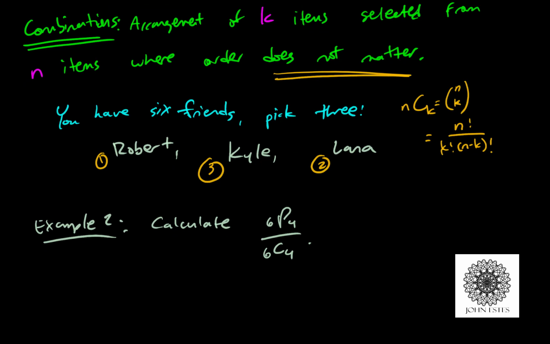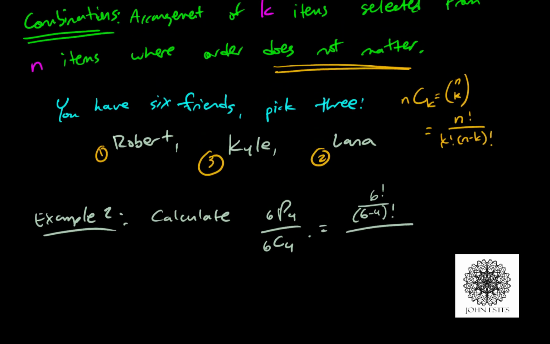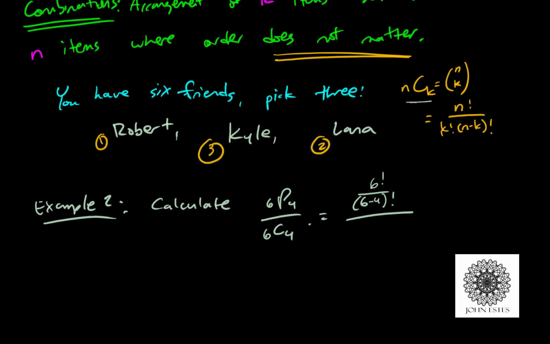So for 6P4, n is 6, that's going to be 6 factorial over 6 minus 4 factorial. In the denominator, we have 6C4, going by my combination formula. That's n factorial divided by k factorial, which is 4 factorial, times 6 minus 4 factorial.